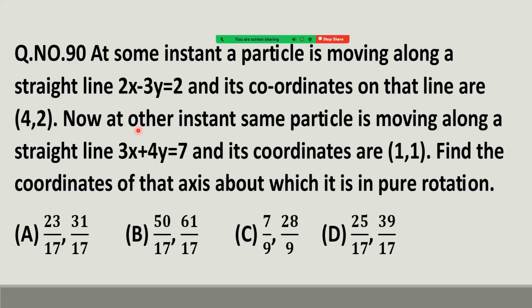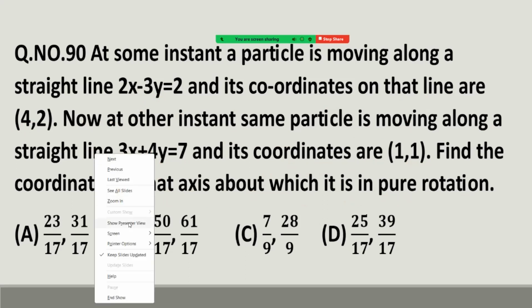Now, at another instant, the same particle is moving along a straight line 3x plus 4y equal to 7 and its coordinates are 1, 1. Find the coordinates of that axis about which it is in pure rotation. So we are given two straight lines and a corresponding point. Now see how to solve it.